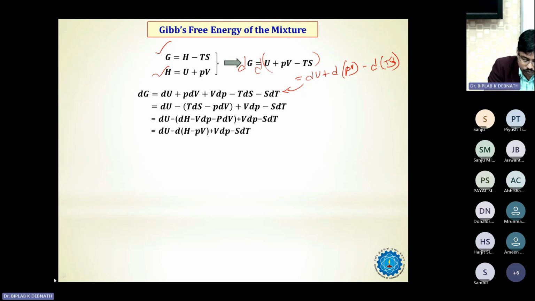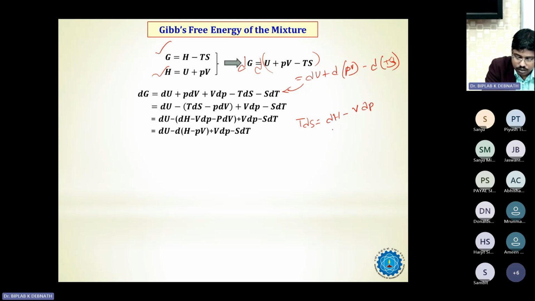Here we are basically obtaining the equation of dH. So TdS is equal to dH minus VdP.